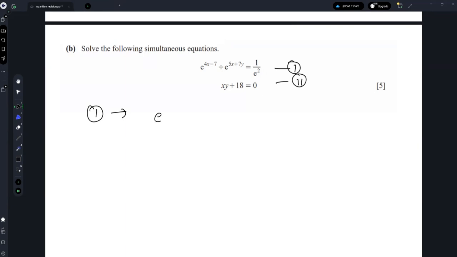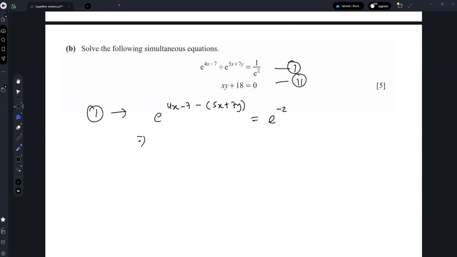So we get e to the power 4x minus 7 minus this thing, because we know from here that if the bases are exactly the same and we divide, the powers are subtracted. And here, if this is positive, and we bring the base and power upwards, this becomes a negative power.